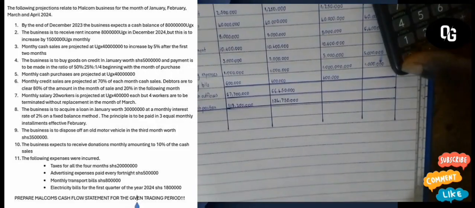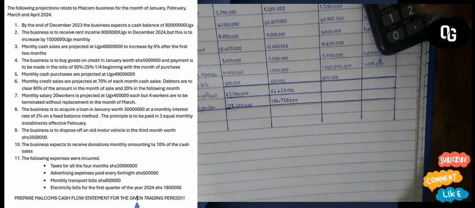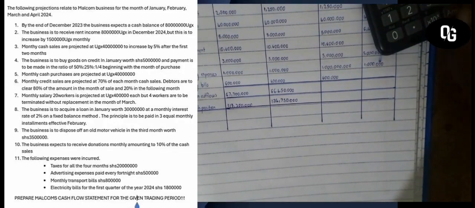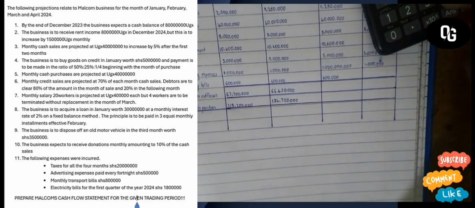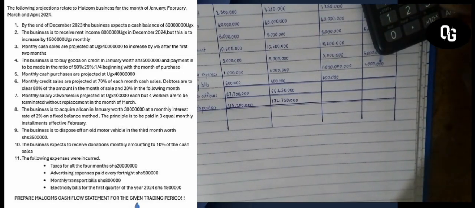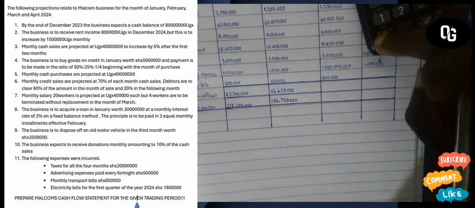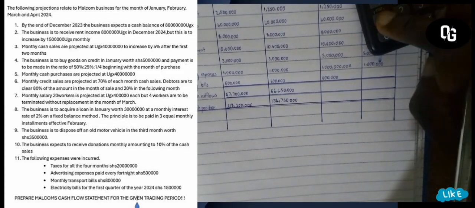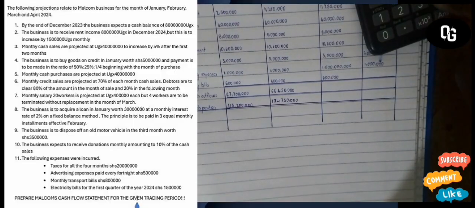So moving on, we're going to find our cash outflows. So we're going to add our goods on credit, our cash purchases, the salaries, loan repayment, taxes, advertising expenses, and electricity bills, to obtain a total cash outflow of 66,450,000.